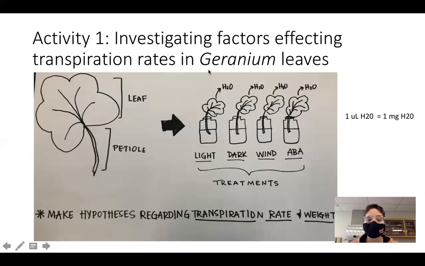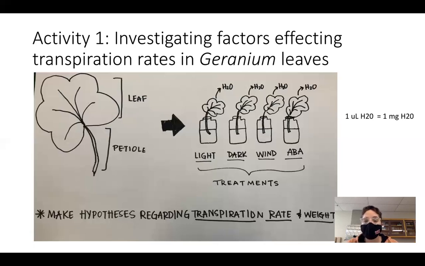And so you'll be asked to make hypotheses about what will happen when you put these leaves in these different treatments. And it's important that you write these hypotheses regarding the transpiration rate and the weight of the vial.